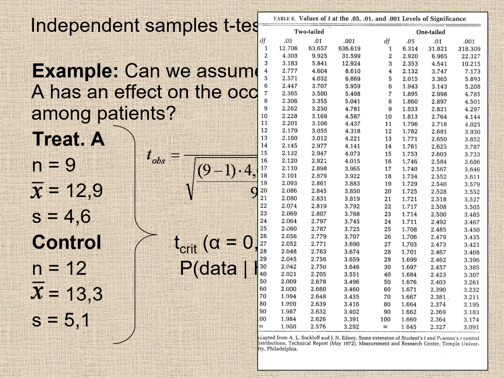With 95% probability, the two sample means will be within 2.09 standard errors from each other.